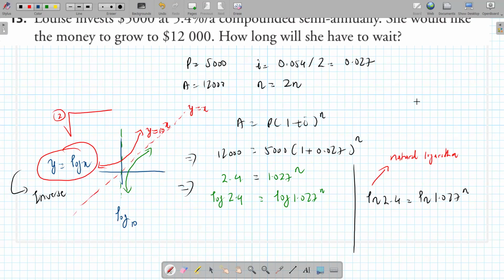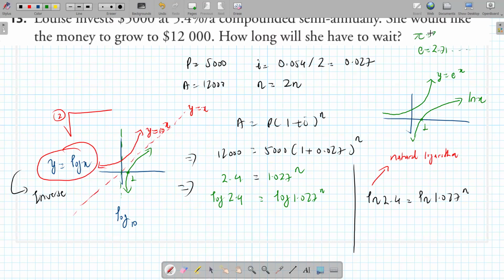Ln of x, on the other hand, looks very similar to log of x. Looks like this. They both go through 1 here. The difference is that ln of x is the inverse of e to the power of x, where e is the natural number. e is a constant. It's like 2.71 something.